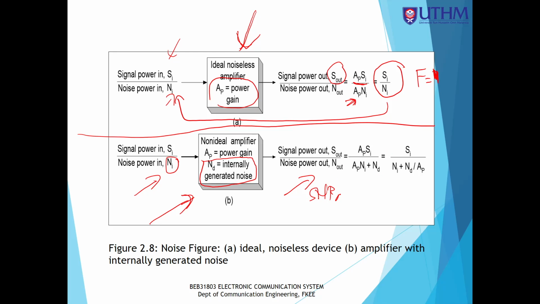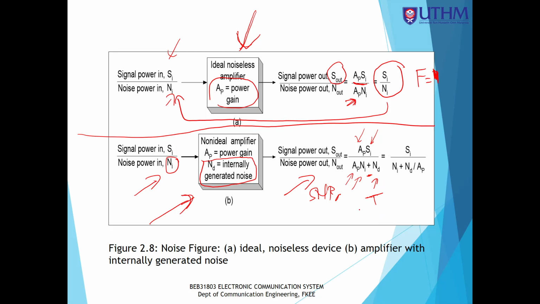So macam mana dia punya SNRO? SNR output bersamaan dengan, gain multiplied with input signal power, you dapat output signal. And then for the output noise, gain multiplied with the noise plus internally generated noise. Nanti you akan lihat bahawa internally generated noise ini berkaitan dengan suhu, dengan temperature. Nanti kita akan lihat. Kalau you bahagikan dengan AP, you akan jadi NI plus ND over AP.